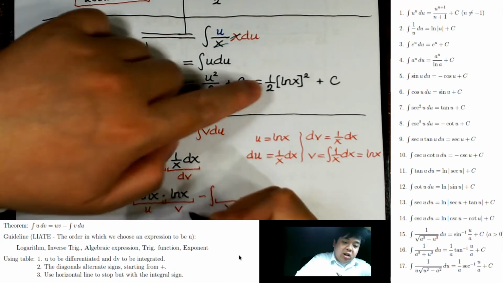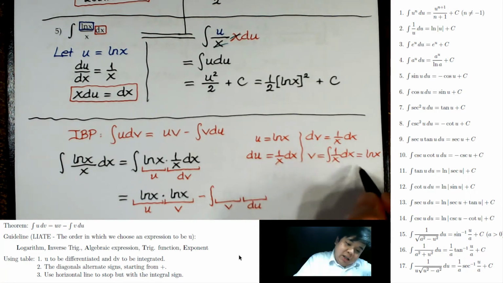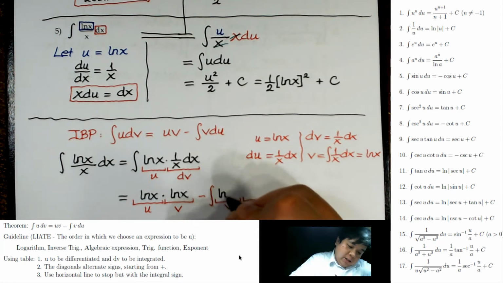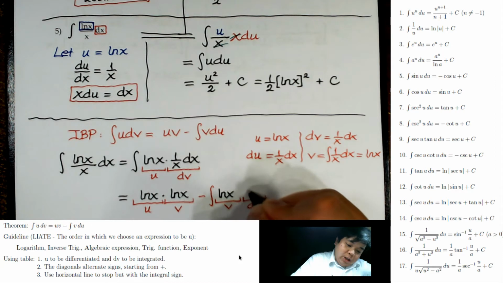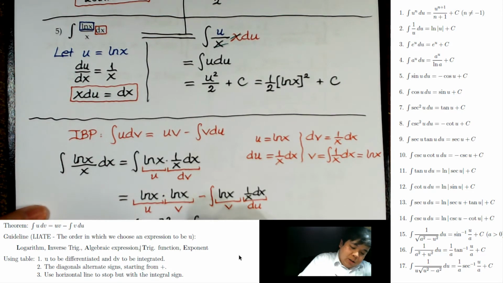So that gives us ln squared, which is good. v is ln of x, and du is 1 over x dx. So pretty much we have ln of x squared minus the integral of ln of x times 1 over x dx.